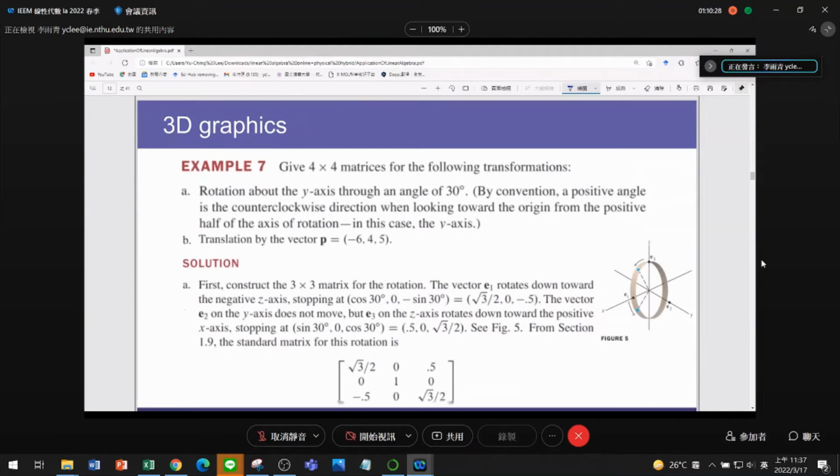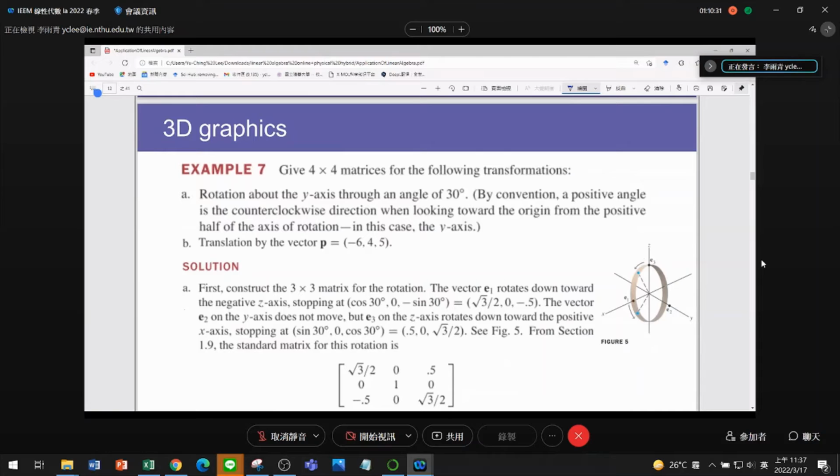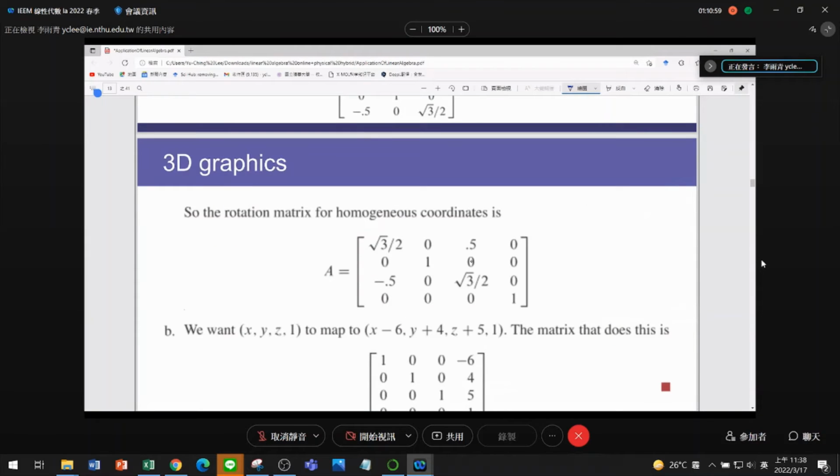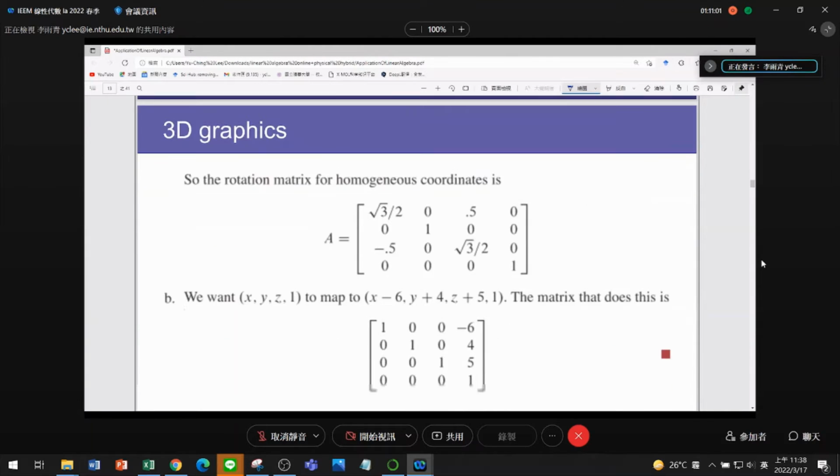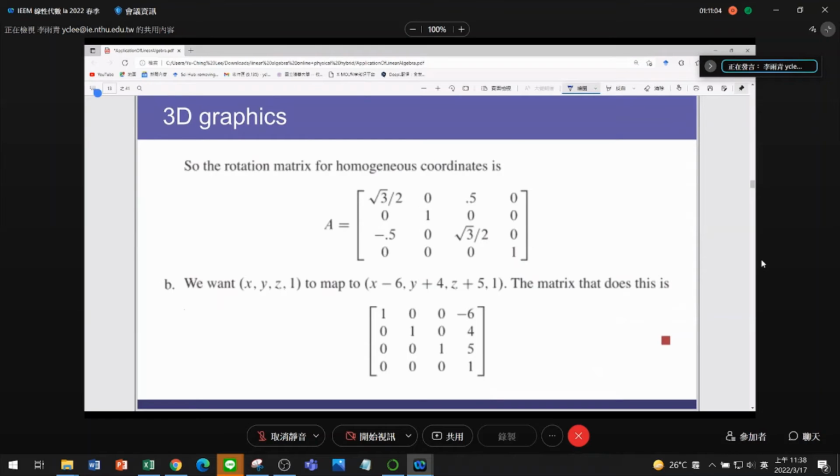So here it says that with the homogeneous coordinates, we are able to use a 4x4 matrix to operate on a 3D figure like this. But in order to do a transformation including translation, we need a 4x4 matrix to operate on it. I'm going to skip some of the process of how we create that matrix.